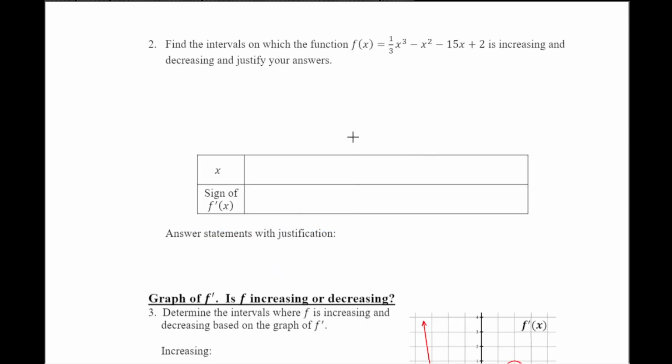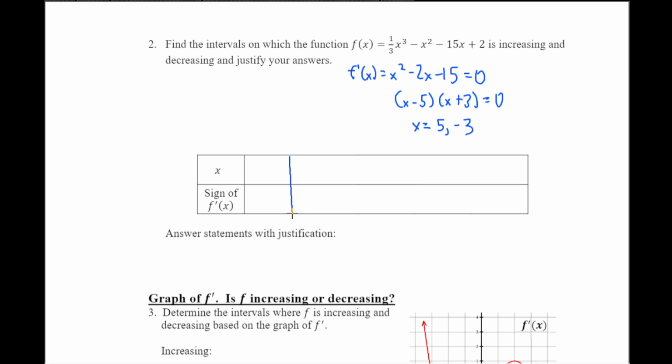Next page here. Find the intervals on which the function f of x is increasing and decreasing and justify your answers. So if we find the first derivative, f prime of x is equal to x squared minus 2x minus 15. And we've got to set that equal to 0. Factor this out, you get x minus 5 times x plus 3 is equal to 0. And then you see we have x is equal to positive 5 and negative 3 for the critical points.